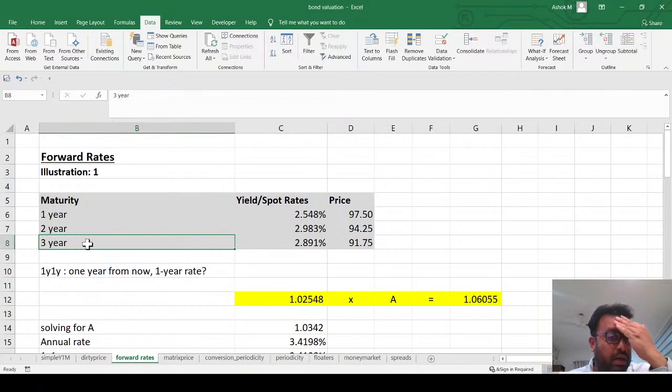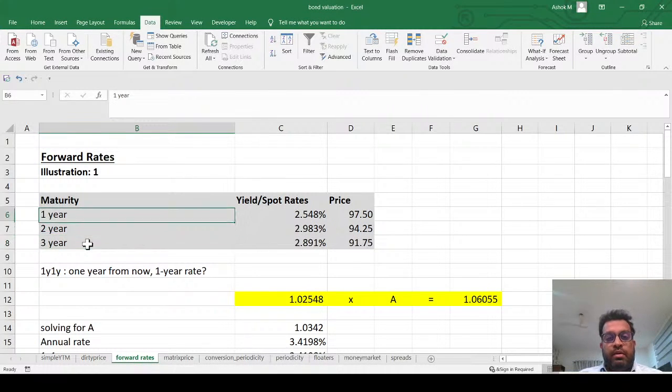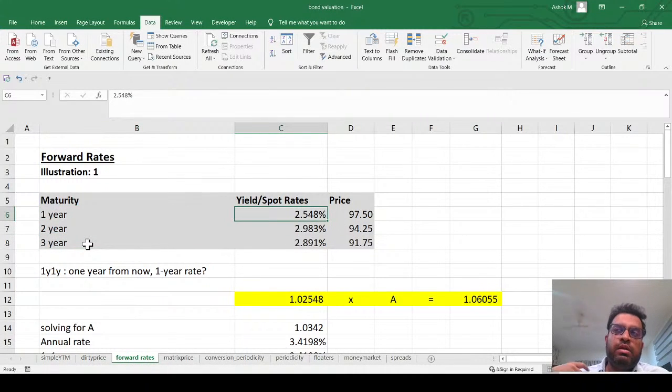What is forward rate in the first place? The concept is derived from derivatives or forward contracts.